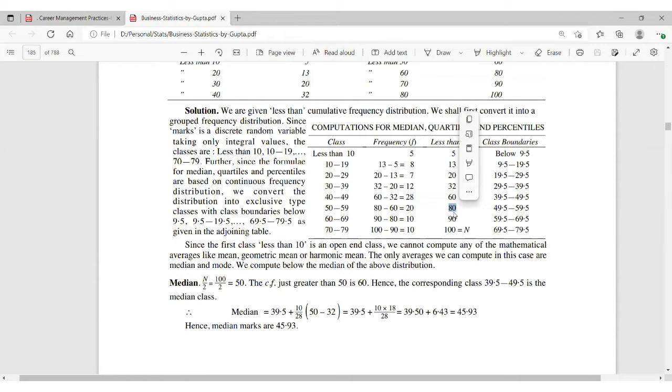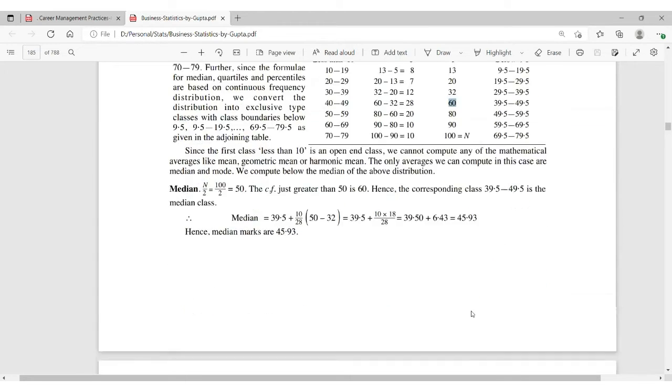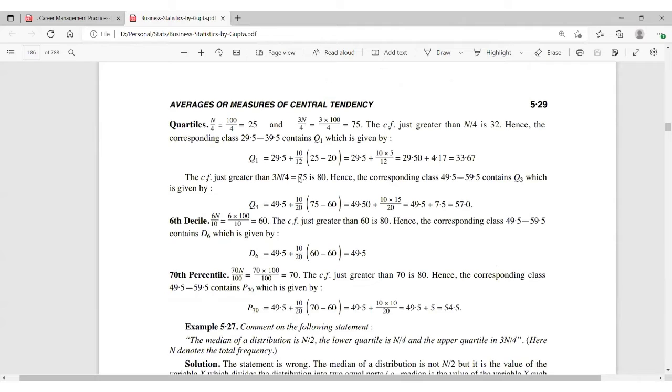In this case, h is same, 10. Frequency f is 20. L is 49.5. And C, capital C is 60. Right? We put these values, we get.